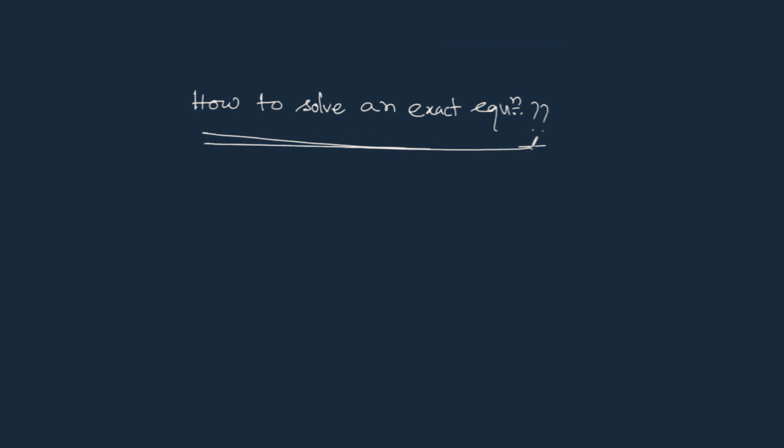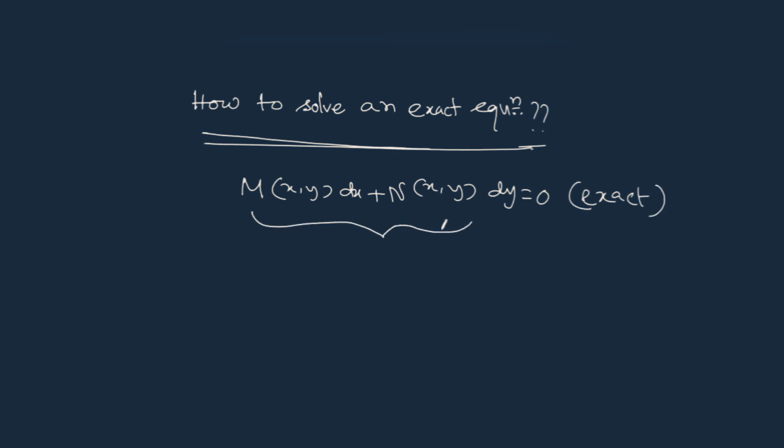Now let's see how to solve an exact equation. So let's say M dx plus N dy equals 0. This is an exact equation. So the left hand side can be written as dz.